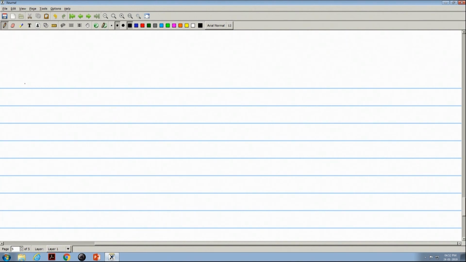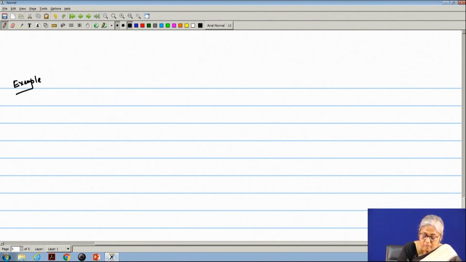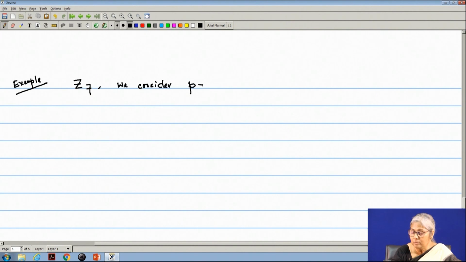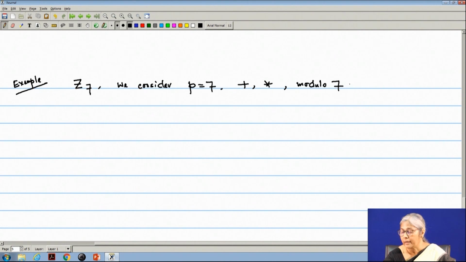Now, we take one example where we take Z7, that means we consider p equal to 7, and the plus and star we give the modulo 7 addition and multiplication.